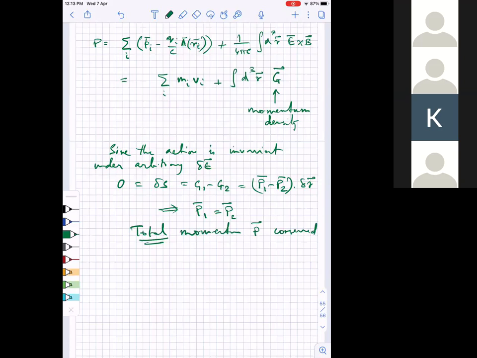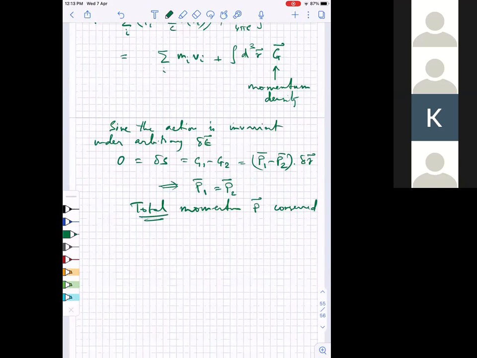So if I take the total action and make a rigid translation, delta R, a linear translation for which the action is invariant, then it tells you that your total momentum is invariant.